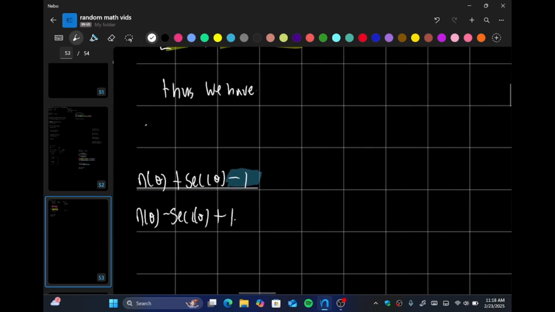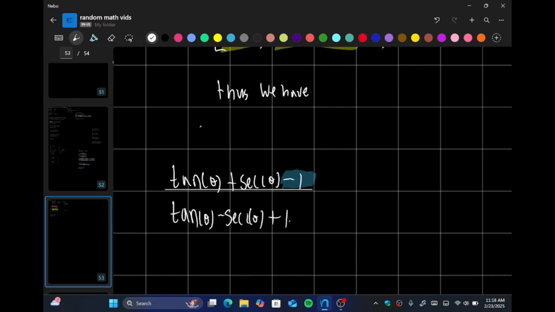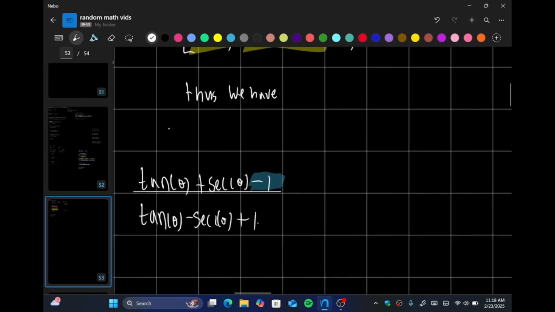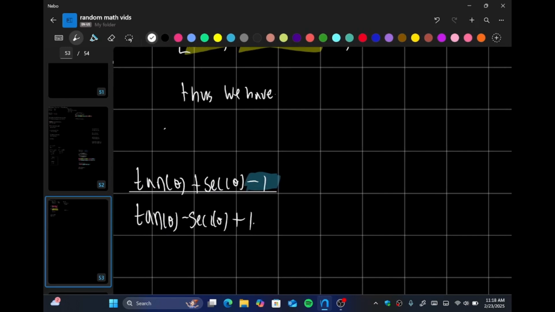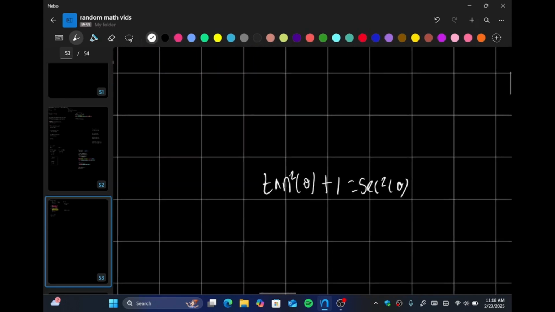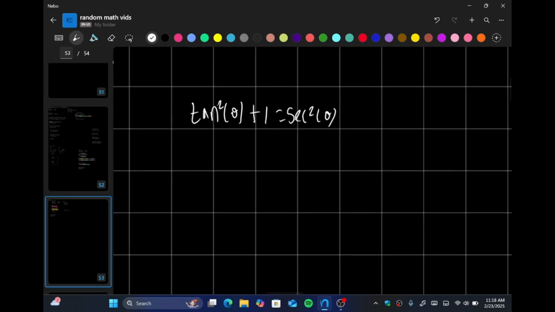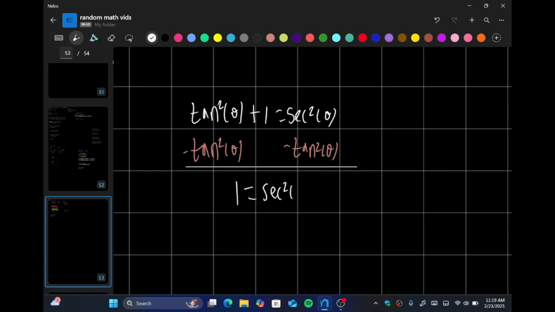So I'm trying to find a trig identity that has a tan and a secant here, but I'm gonna manipulate it so that we have everything in terms of tan and secant. So if I subtract tan squared theta on both sides, I will get 1 equals secant squared theta minus tan squared theta.